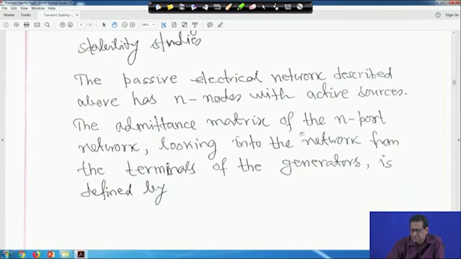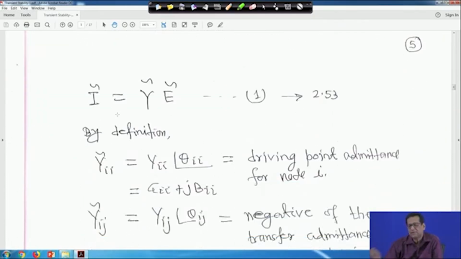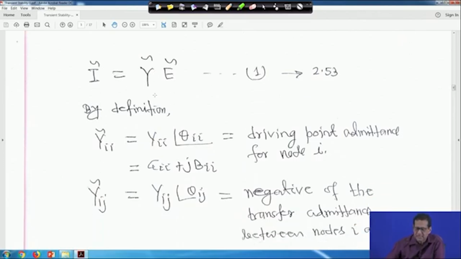The passive electrical network described above has n nodes with active sources. The admittance matrix of the n port network, looking into the network from the terminals of the generator, is defined by I tilde equal to Y tilde E tilde, where E is your generator terminal voltage. This is for my own reference. By definition, Yii tilde, from load flow studies, is Yii angle theta ii, where Yii is the magnitude and theta ii is the angle.